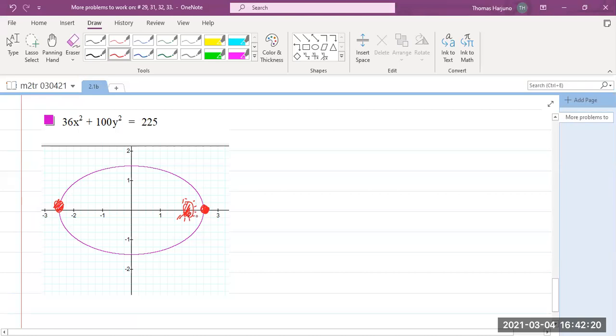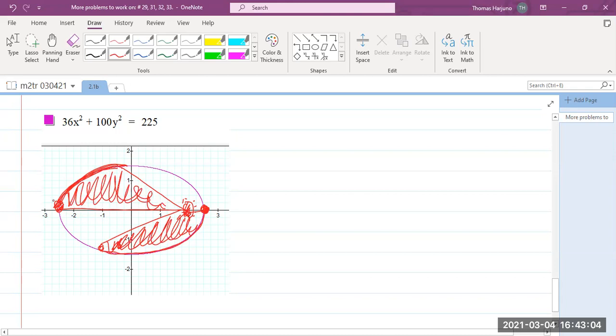And another person named Kepler developed this further, saying that the time you take to travel this path here, as long as the regions have the same area, will be the same as the time you take to travel that path. As long as the area is the same, the time is the same.